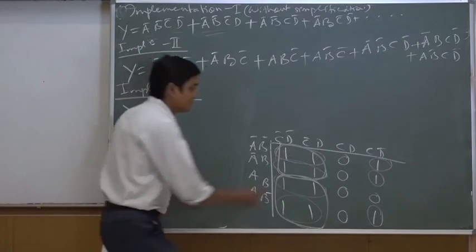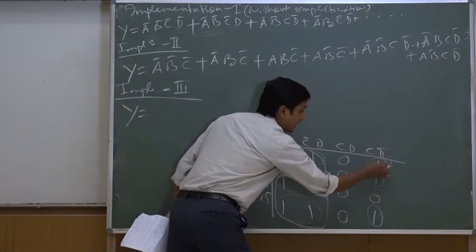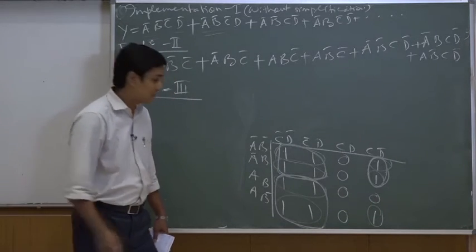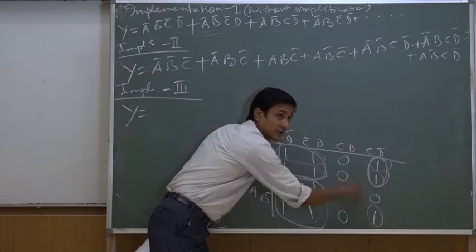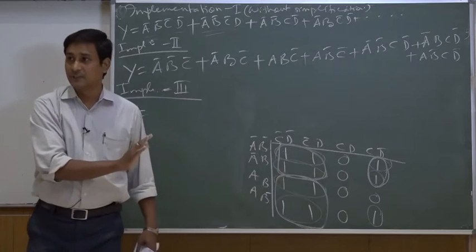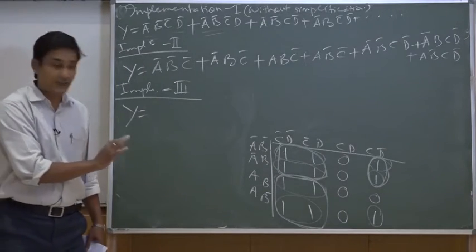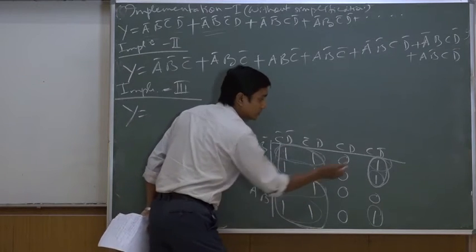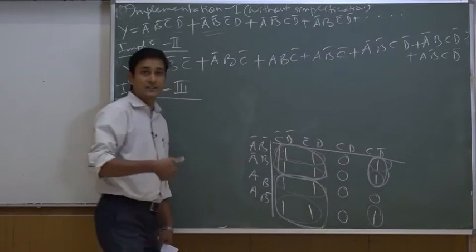Since they are this way, I can take this also as a group, but I do not have any scope for this one, so let it be there. So at least this 4 are one, this 4 are another group, 2 is group 3, and the fourth one is alone.